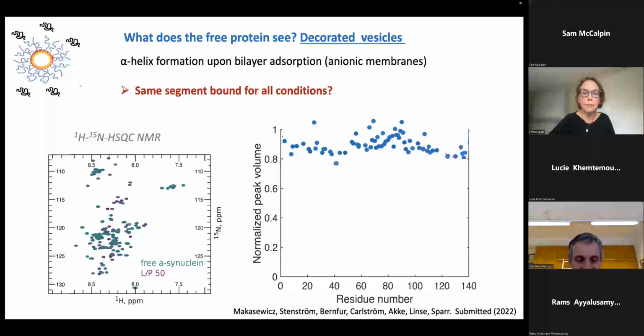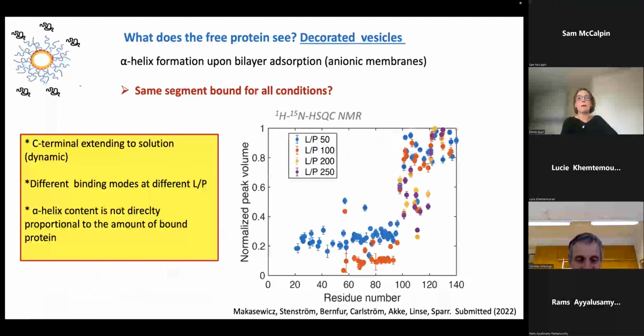Here are typically the different residues of the protein, and we have high signal everywhere. That is the protein in solution. Now we introduce vesicles in the system. And what we then see is that the signal decreases, not for the C-terminal part, but for the 100 first residues of the protein.